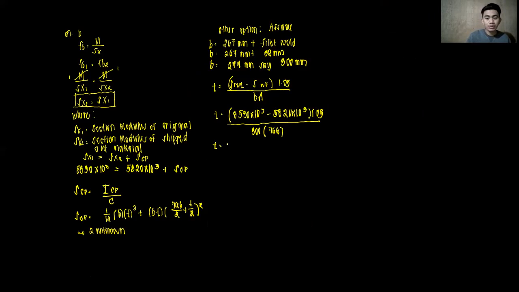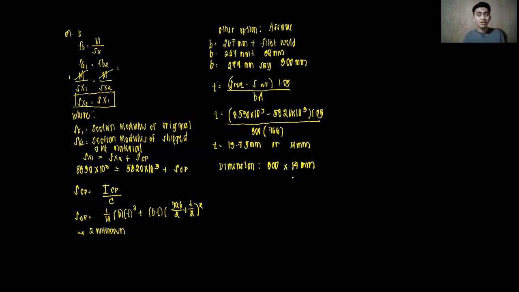Thickness now is equal to 13.75. Input that on your calculator, 13.75 or 14 mm. So the dimension of your cover plate now is 300 by 14 millimeters.